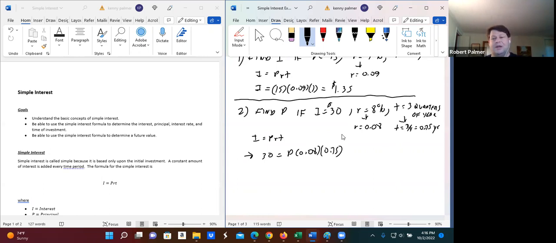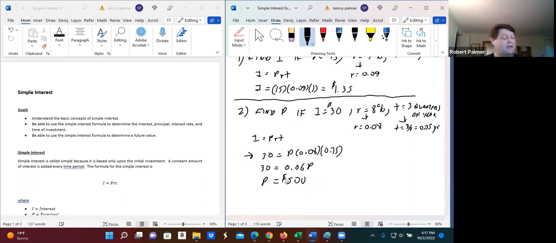Now, if we multiply on the right side, 0.08 times 0.75, that's going to give us 30 equals 0.06 times P, and then just divide 30 by 0.06. And your principal then is going to be $500.